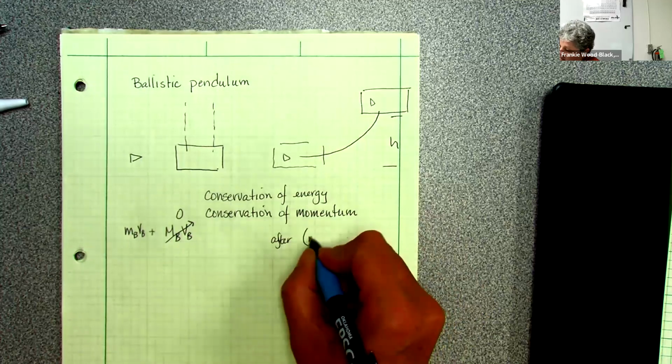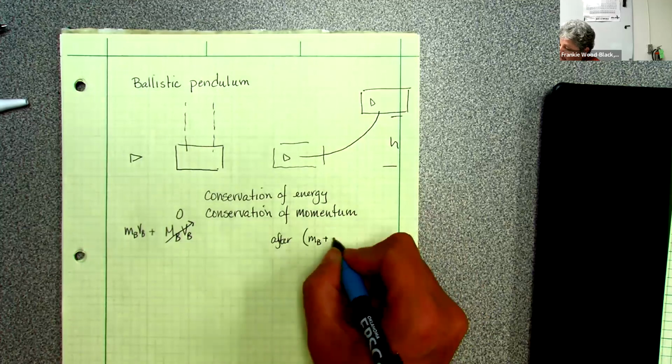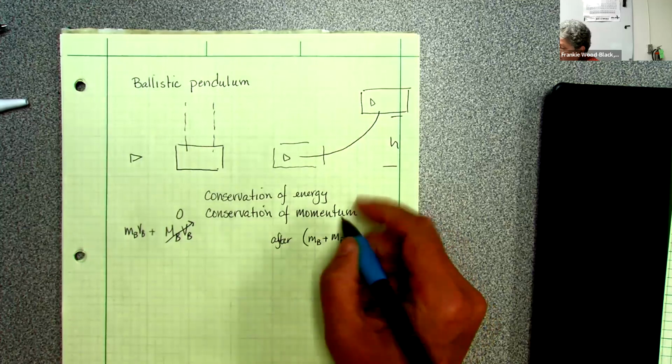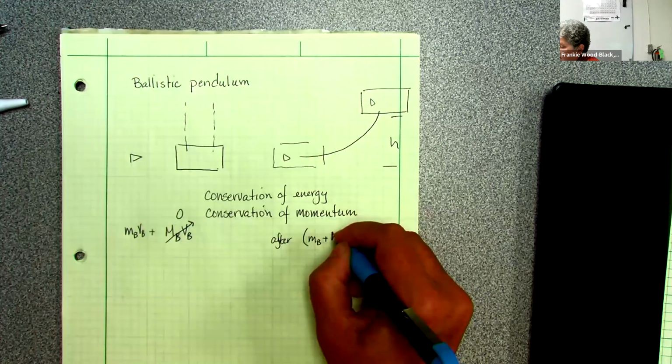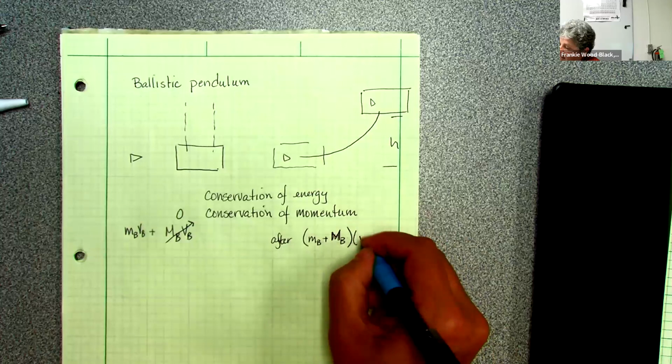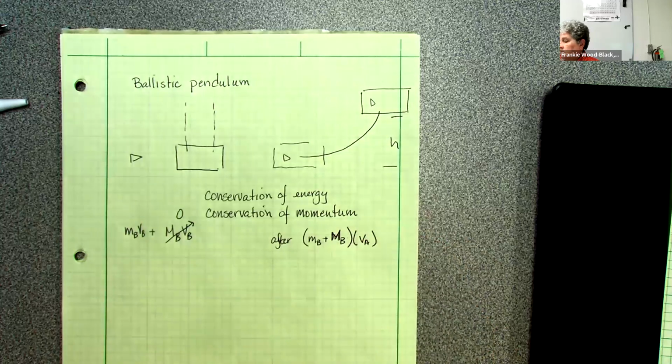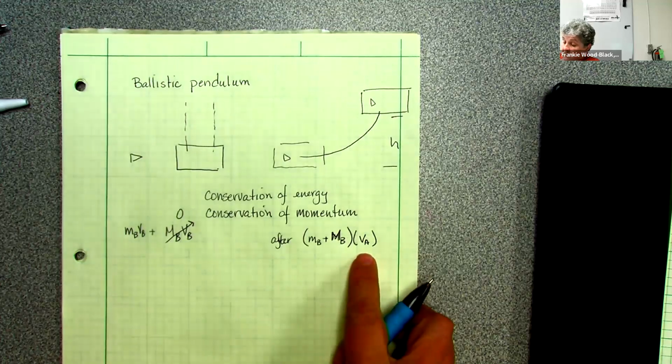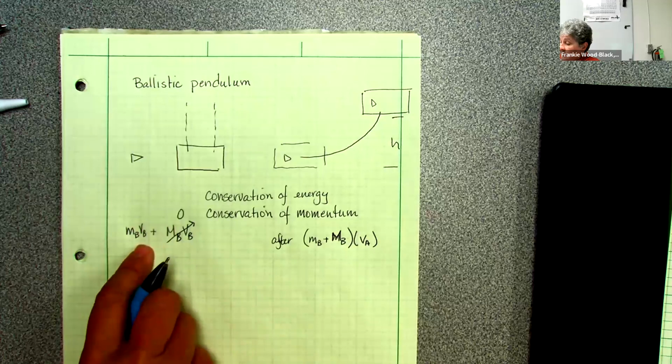I have the mass of the bullet plus the mass of the block, times the velocity after. But I don't know that velocity after, and I'm wanting to find this initial velocity.